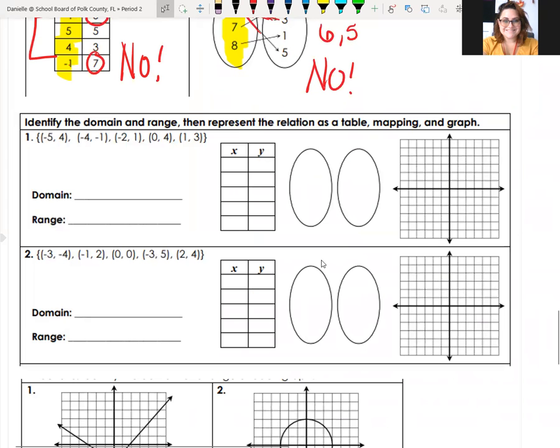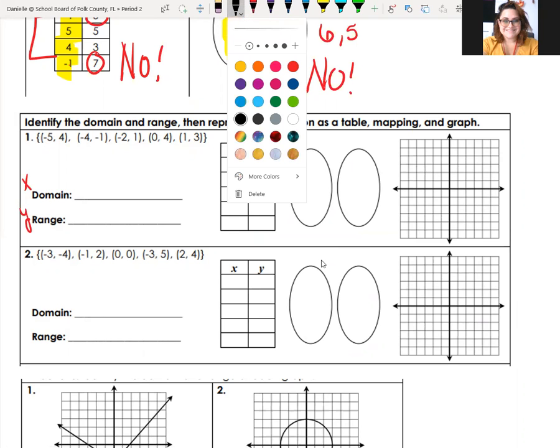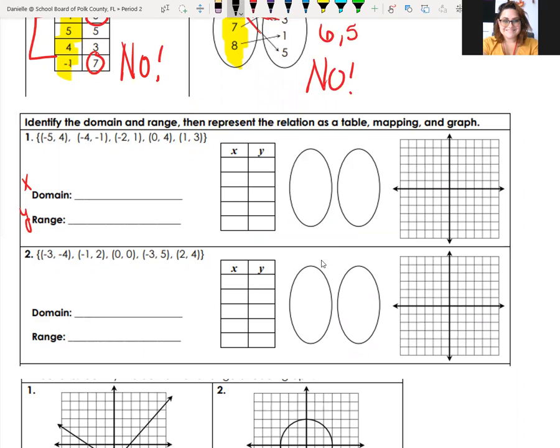And again, I want to talk about domain and range. So we remember domain is x, range is y. So what I want to do is go through and find all of my x values and write them for domain. When I do that, I need to make sure that I go smallest to biggest number.